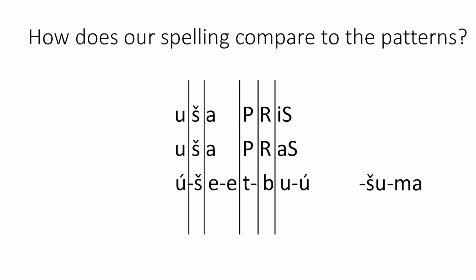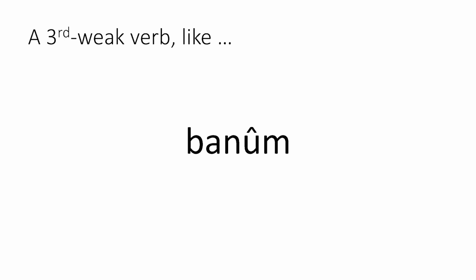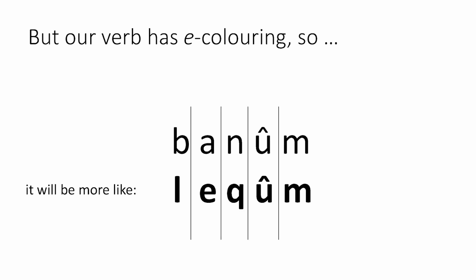Assuming our spelling follows one of these patterns, we can explain everything up to the b included. What about the third root letter? There doesn't seem to be one, so we must be dealing with a third weak verb, like banûm. But since we suspect our verb has e colouring, it will look more like leqûm, which has the same structure as banûm, but because of e colouring has e in place of a.